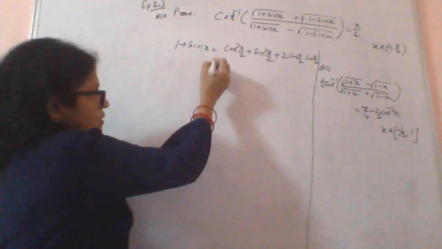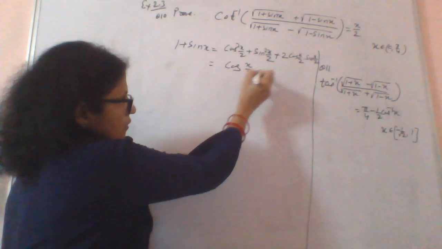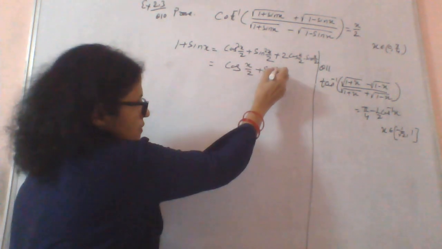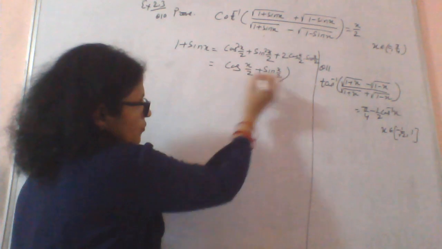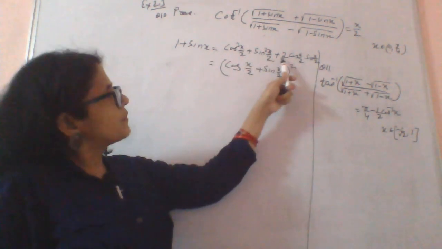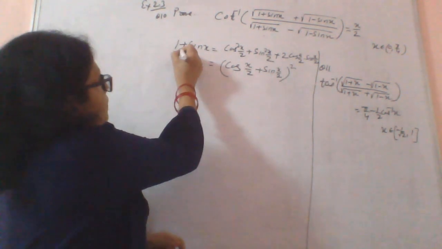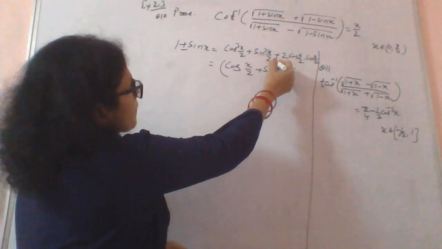Okay, so this gives us the formula cos x by 2 plus sin x by 2 whole square. Okay, a square plus b square plus 2ab, right? And if it is minus, here it will be minus.